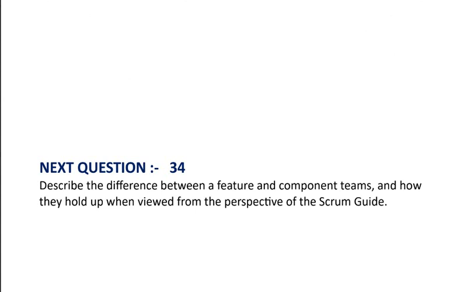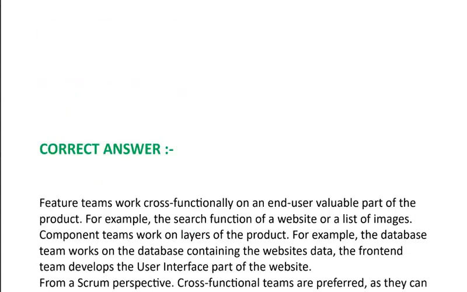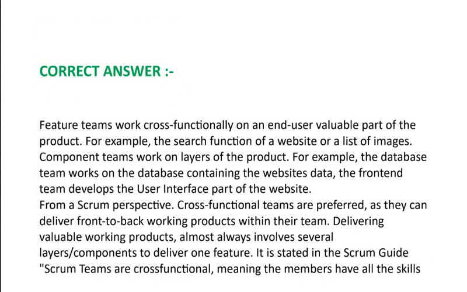Now the question is, describe the difference between feature and component teams and how they hold up when viewed from the perspective of the Scrum Guide. Answer is feature teams work across functionality on an end user valuable part of the product.